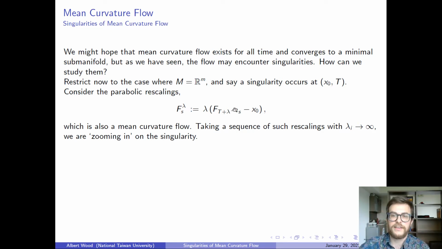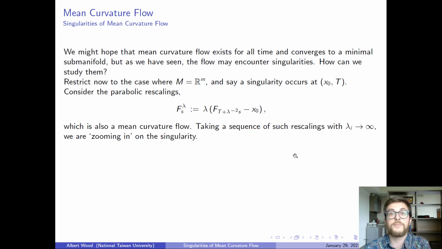The reason we do it like this is so that the resulting flow is still a mean curvature flow. Now, we've essentially zoomed in on the singularity a little bit, by pulling in the canvas. So if we do a sequence of such rescalings, we hope to capture the infinitesimal behavior of the singularity.